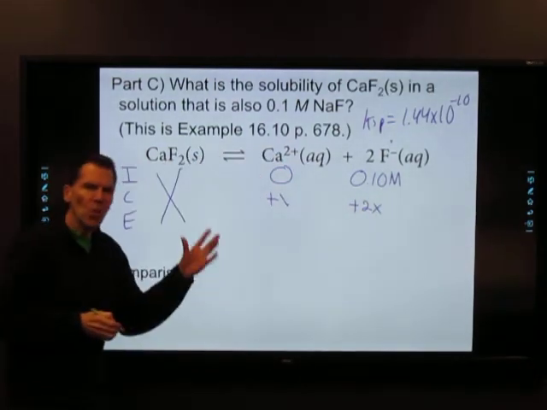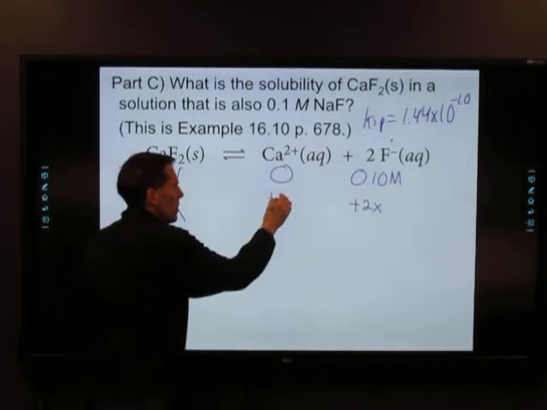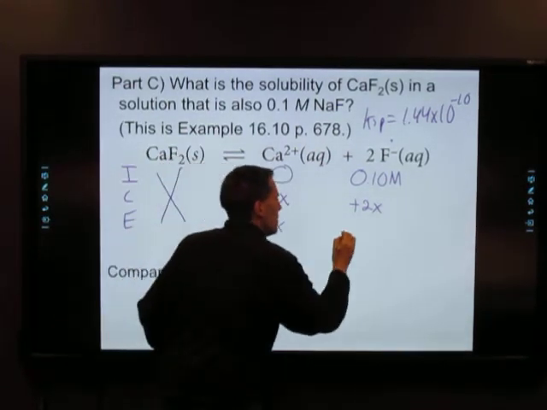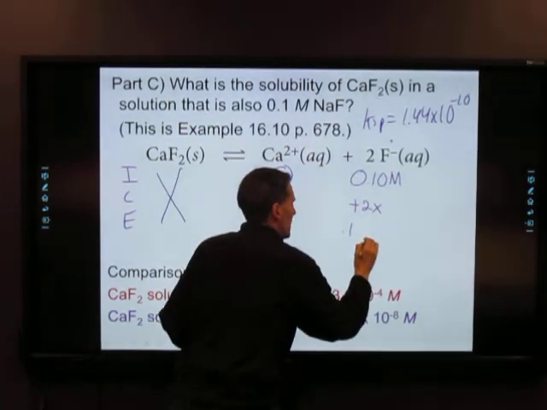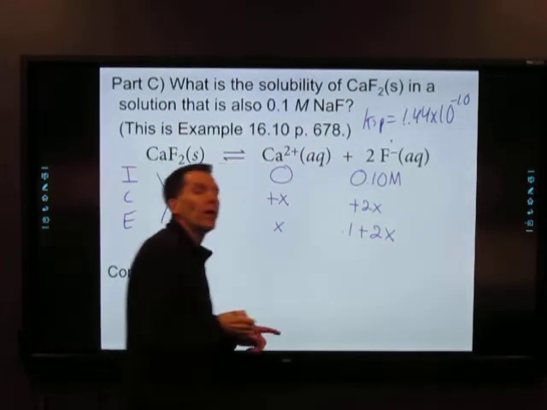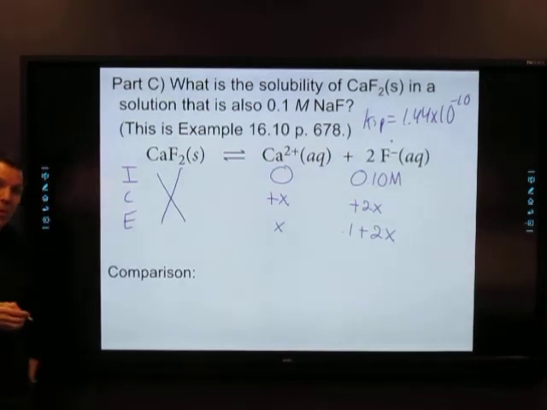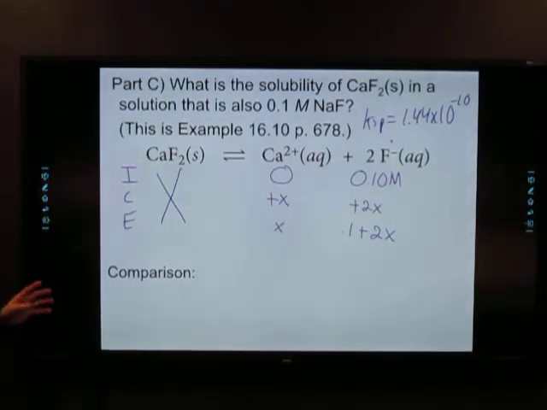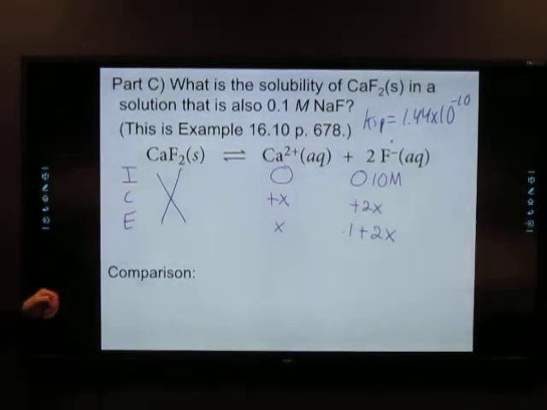2x. We add down the columns again, right? This is going to be x. This is 0.1 plus 2x. We're going to make a simplification in a moment because otherwise this one will get very sticky.